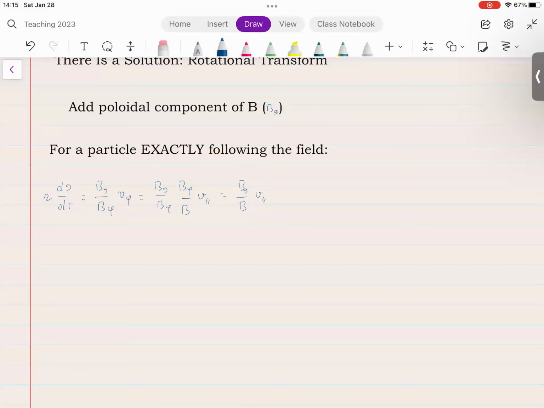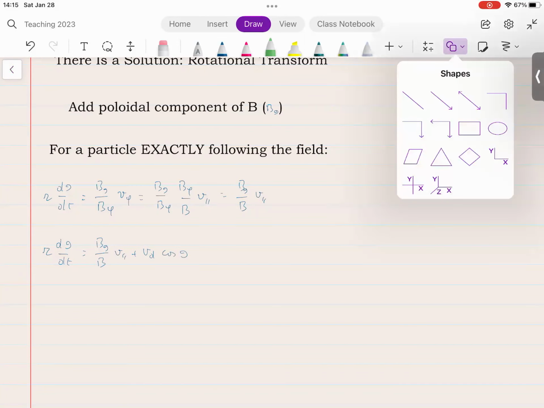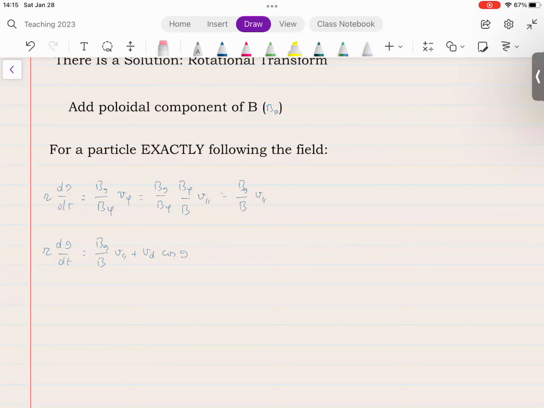What I'm going to have is r d theta dt is going to be equal to the piece I just wrote, B theta over B times v parallel, plus v drift times the cosine of theta, because the relative direction of theta and z is going to depend on where I am in the cross section.